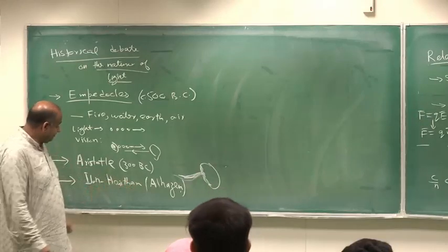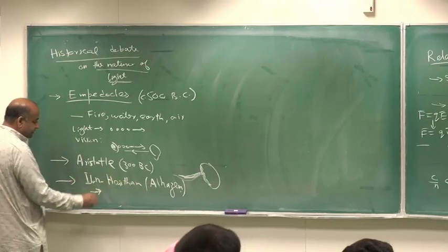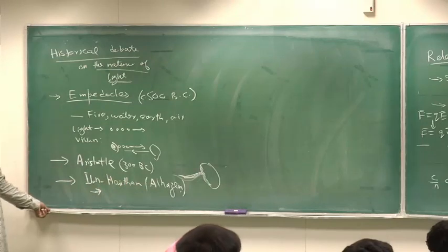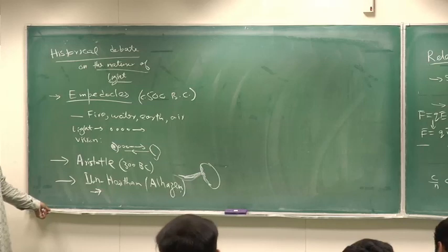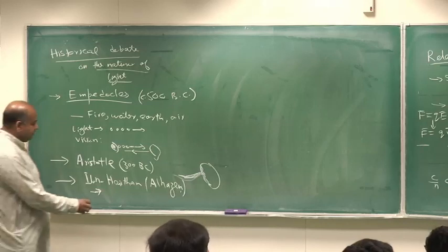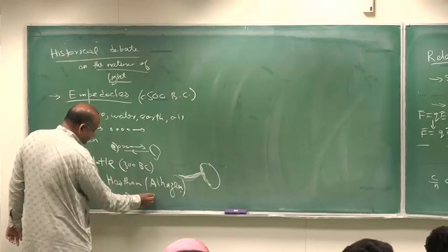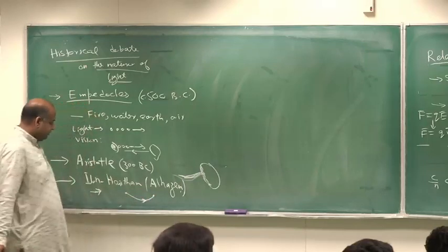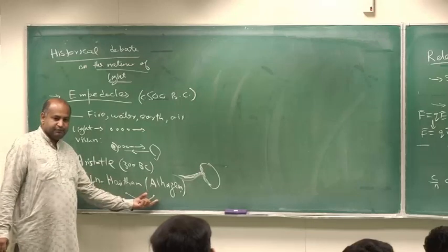And not only this, he also anticipated another very important law in optics, which is usually called Fermat's law of least time, that light travels from one point to another point by a path which affords the least time.